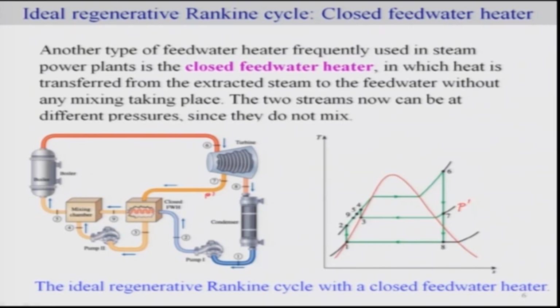Now, the rest of it, 8, isentropically expands until it reaches the condenser pressure, okay, and of course, 1 is at saturated liquid, okay. So, pump 2 is used to get to this pressure, and this pressure is now the same as the boiler pressure, okay.